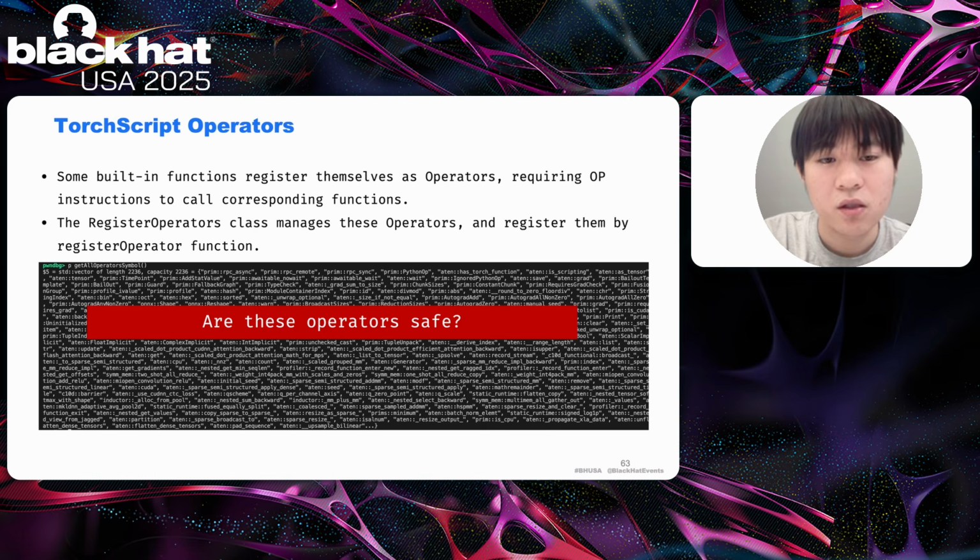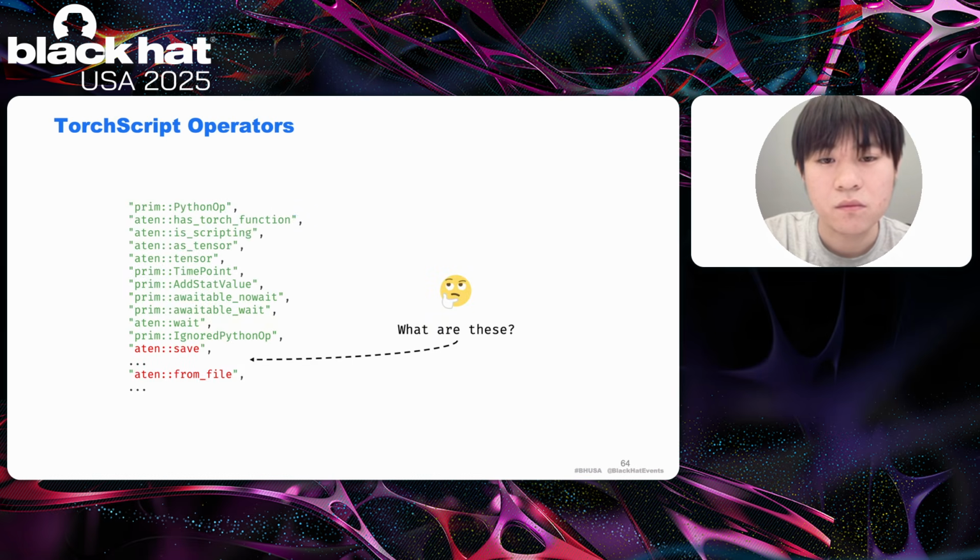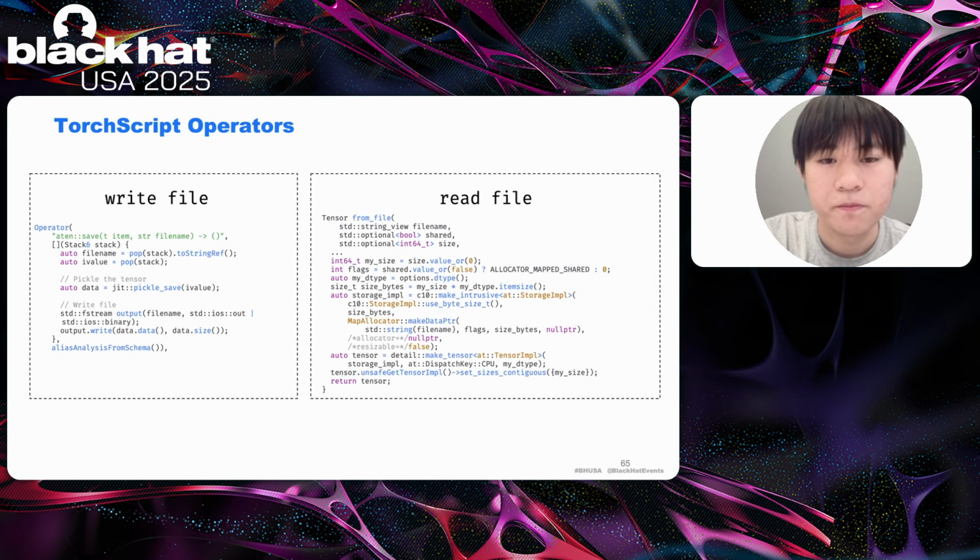Are all these operators safe? During our code audit of these operators, we discovered two interesting operators, save and from file. Here we can see the corresponding implementations of these two functions. The save function will save a specified value as a model to a specified file.